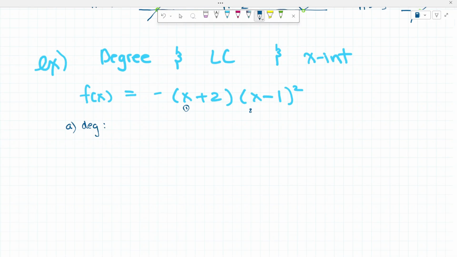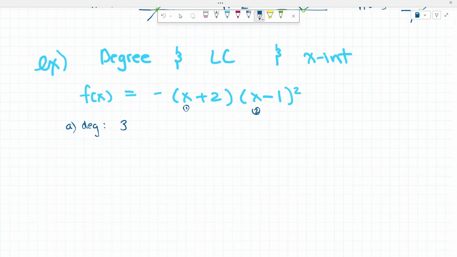So we have 1, 2, 3 versions of x, because we could also equivalently write this as (x minus 1) times (x minus 1). So we would count 1, 2, 3 occurrences of x, therefore the degree equals 3. Okay, but we're just going to put it back into its proper factored form.